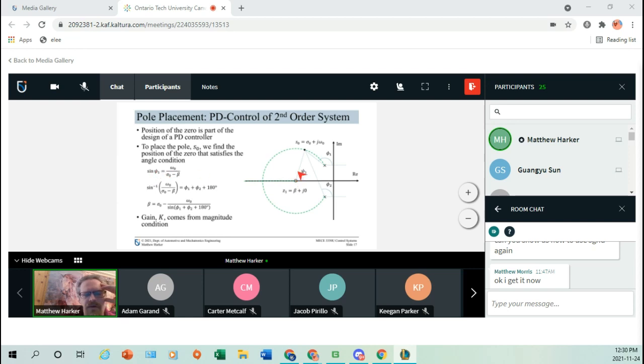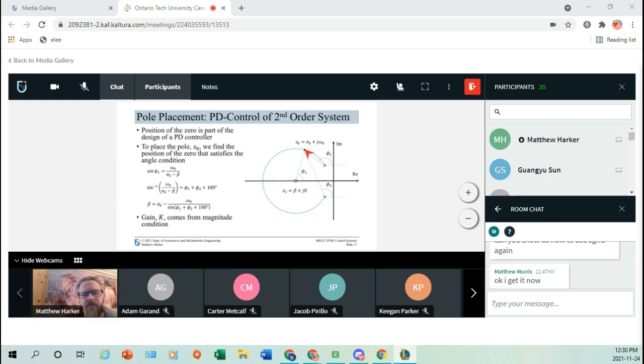And then that would say, the sine of psi1 I get from the basic trigonometry here, saying my 0 is going to be at beta plus j0. The pole I want to have is sigma naught plus j omega naught, right? So I have the sine of that angle, which means that I can find the angle itself and plug that into the angle condition and do some algebra there and essentially solve for where that 0 should be, right?